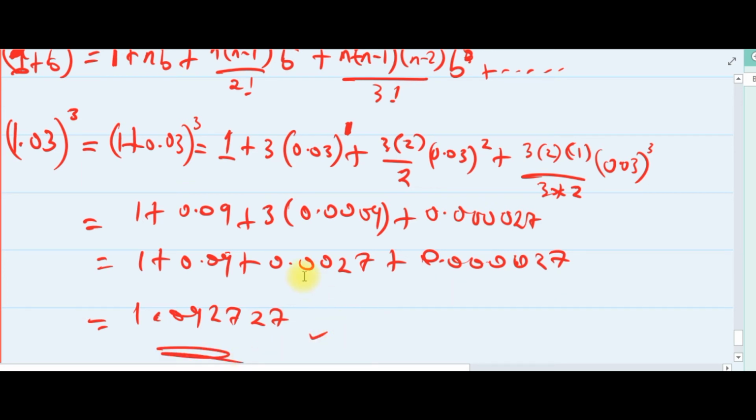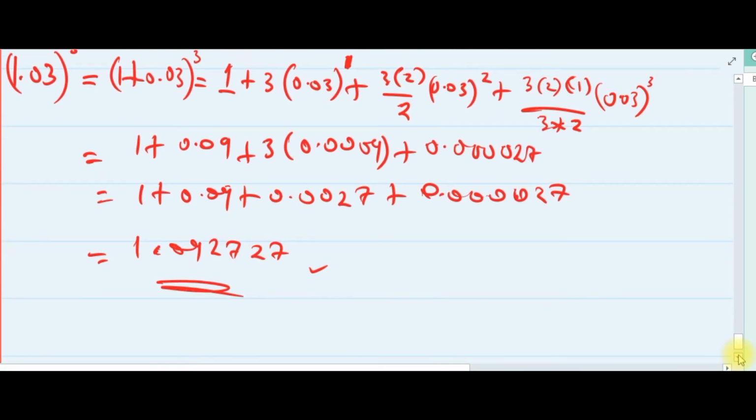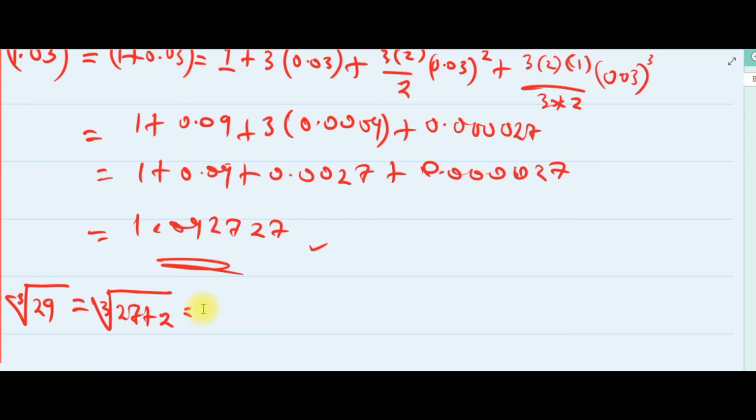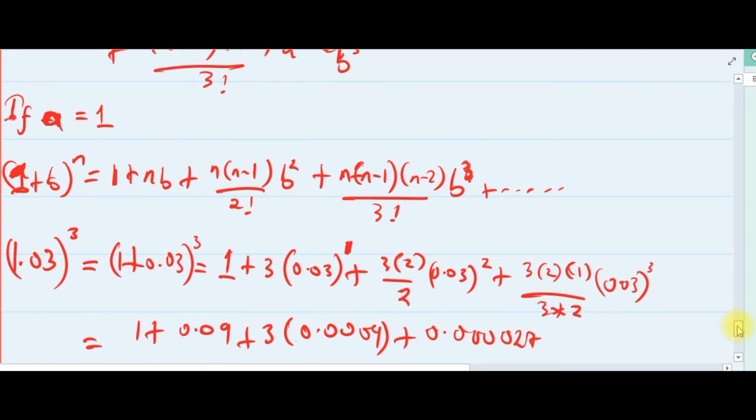So we can use it to find the power or the nth root of any expansion. For the second one, assuming you're asked to find the cube root of 29, we can write the cube root of 29 as the cube root of 27 plus 2. Our aim is to use this formula, 1 plus nb.